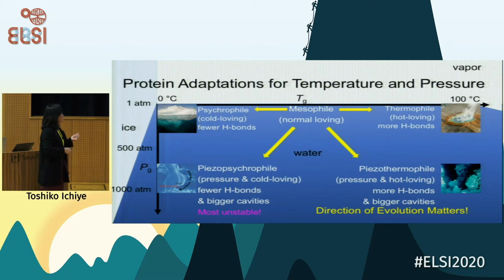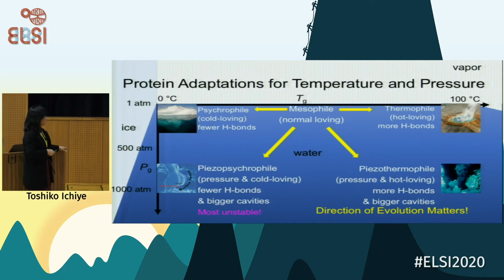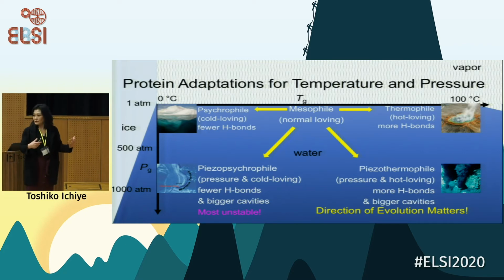An adaptation, on the other hand, for being a piezopsychrophile, so this would be something like in the ocean trenches, like the Mariana Trench, that's a high pressure but cold environment. And so in order to do that, you would say, okay, fewer hydrogen bonds to be flexible and bigger cavities. But actually, when you start thinking about this, what's it going to do if you don't have very many hydrogen bonds and you have these big holes in it?